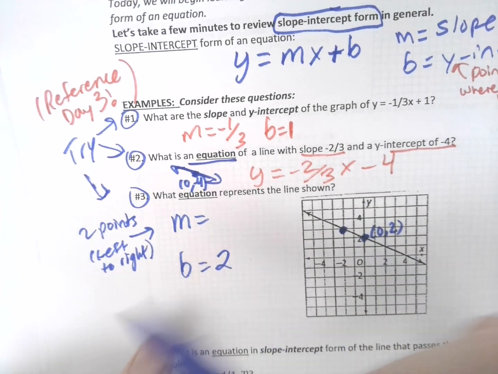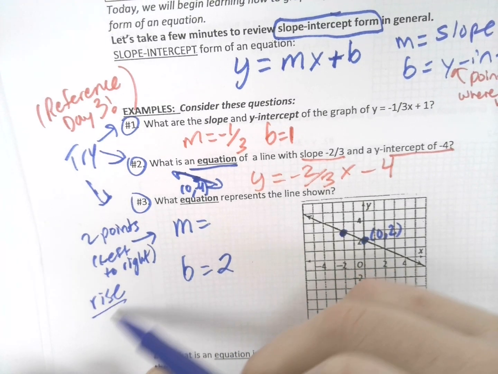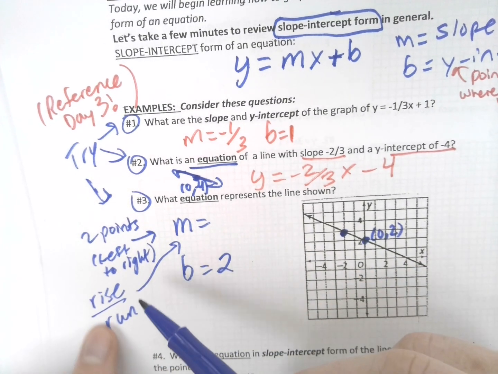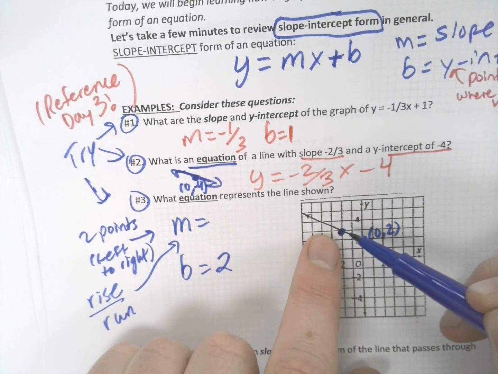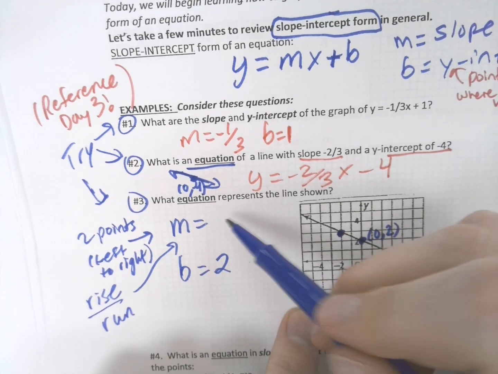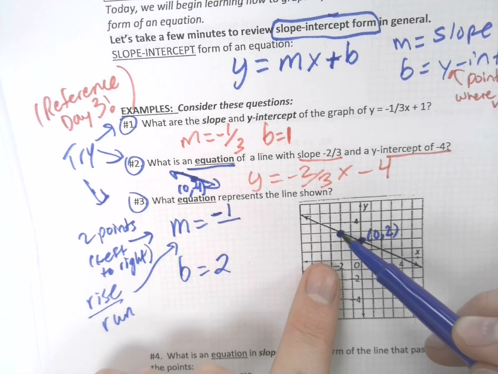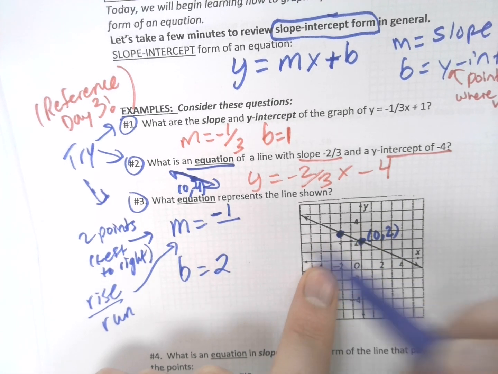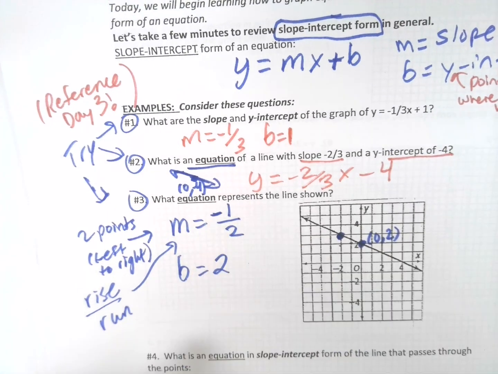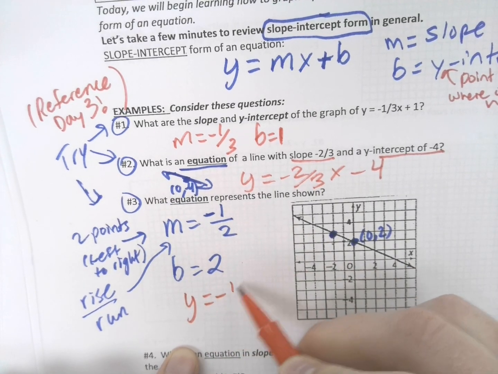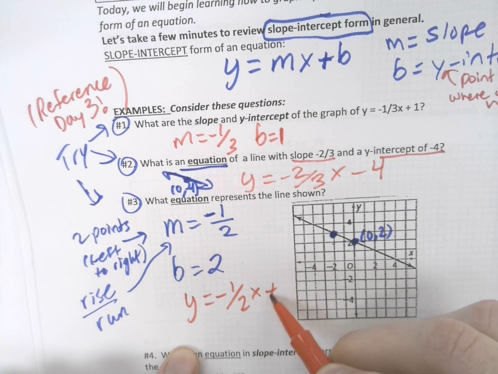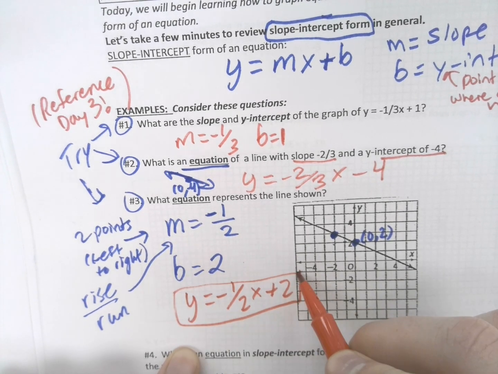So remember, rise over run for slope. So we go up or down? Oh, definitely down. We go down 1. It's negative 1. And then over 1, 2. Hey, so we got it. So our equation would be y equals negative 1/2 x plus 2.